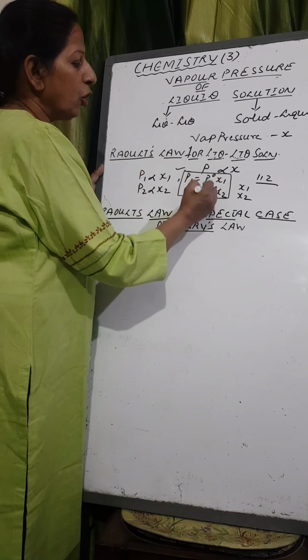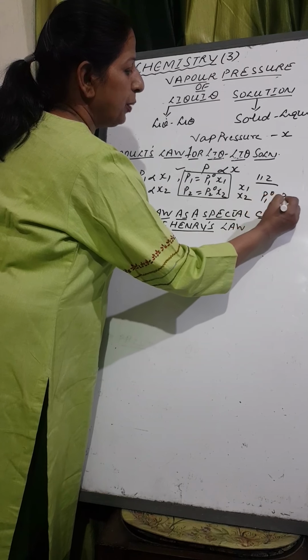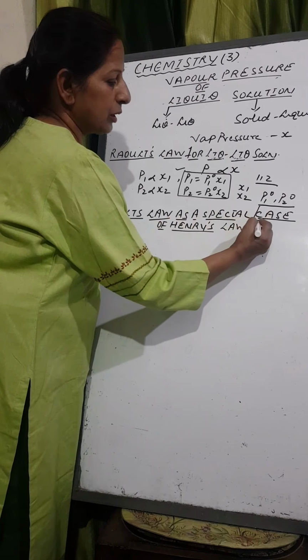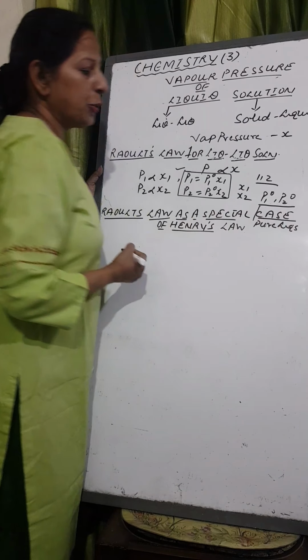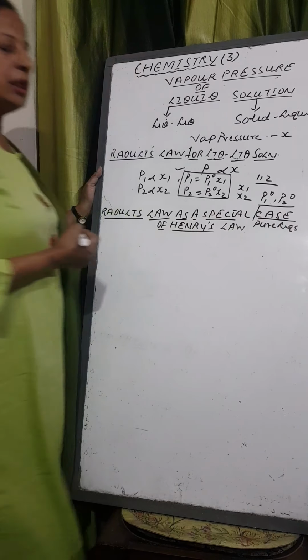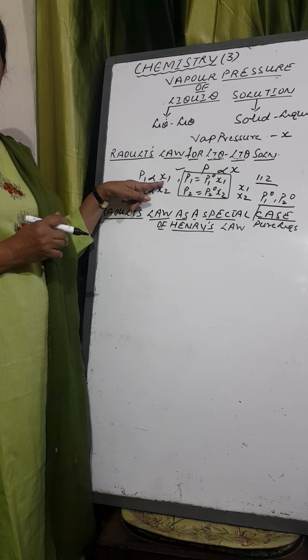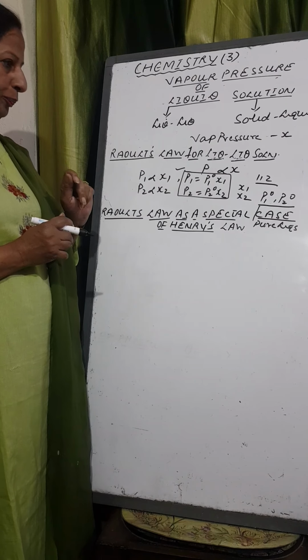Here P1 naught and P2 naught are the vapor pressures of the pure liquids, that is, the vapor pressures of the two liquids in the pure state. So we can say Raoult's law for liquid-liquid solution states that the vapor pressure of each volatile component is proportional to its mole fraction. This is the statement of Raoult's law.